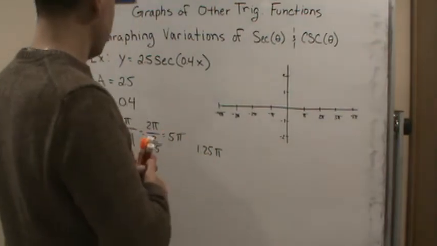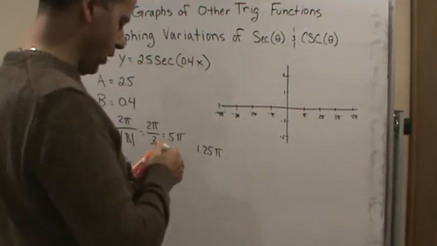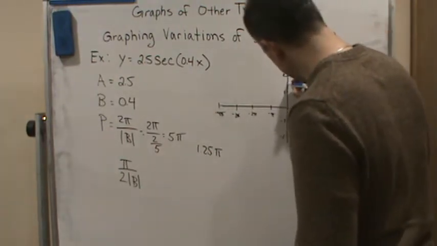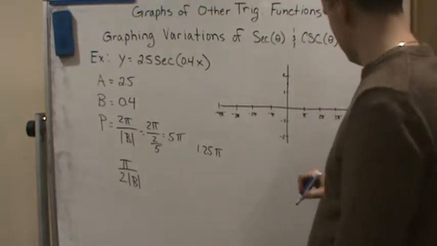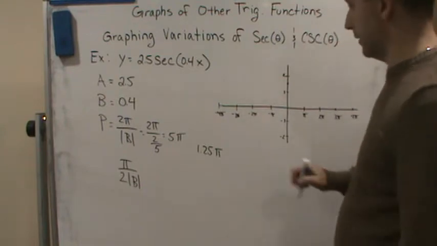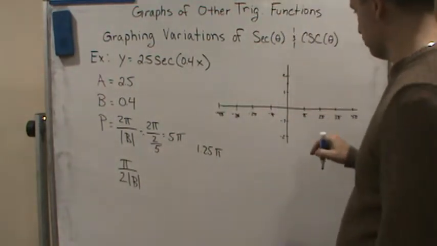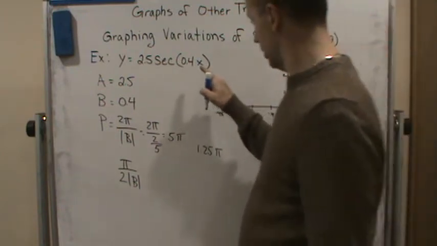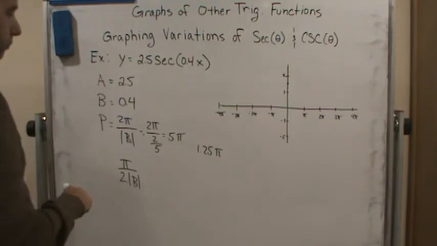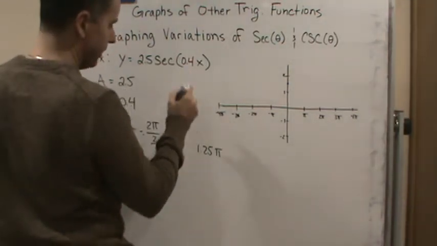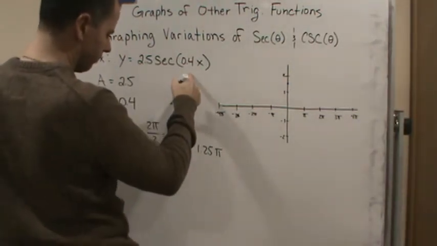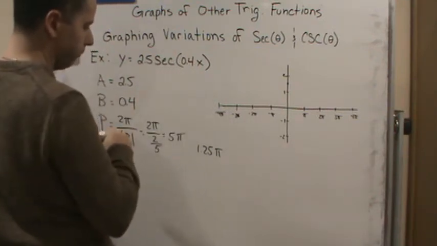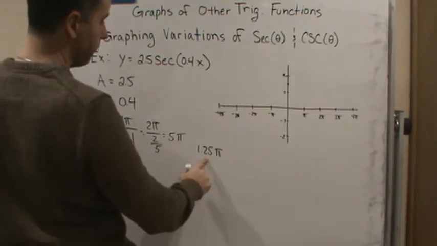So there's no shift, there's no vertical shift, so we know it's going to start at 2 and a half. This is positive, so we know it's going to start here. And it's going to cross when x is what? So 1.25 pi.